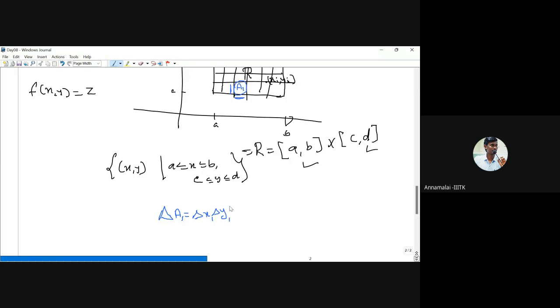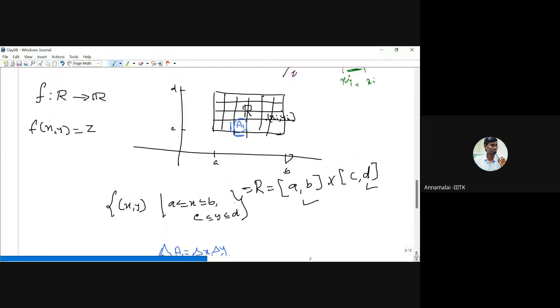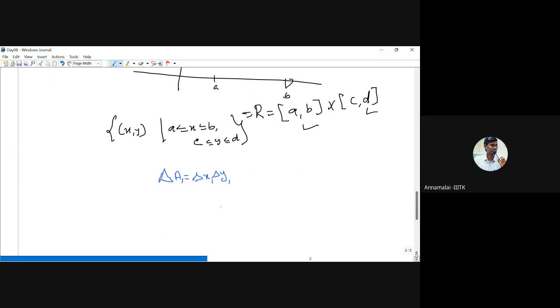There are so many small rectangles in the region. We can call them A1, A2, etc., An. The corresponding areas we denote delta A1, delta A2, etc., delta An.